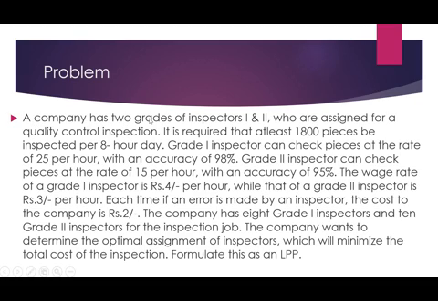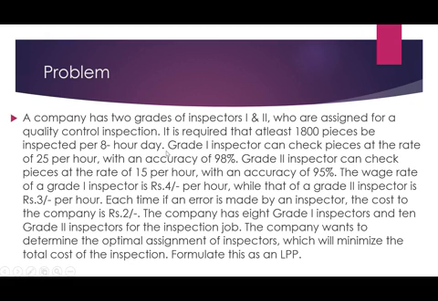A company has two grades of inspector, 1 and 2. That is, we have two types of inspectors, grade 1 inspectors and grade 2 inspectors, who are assigned for quality control inspection. It is required that at least 1800 pieces should be inspected per 8-hour day.